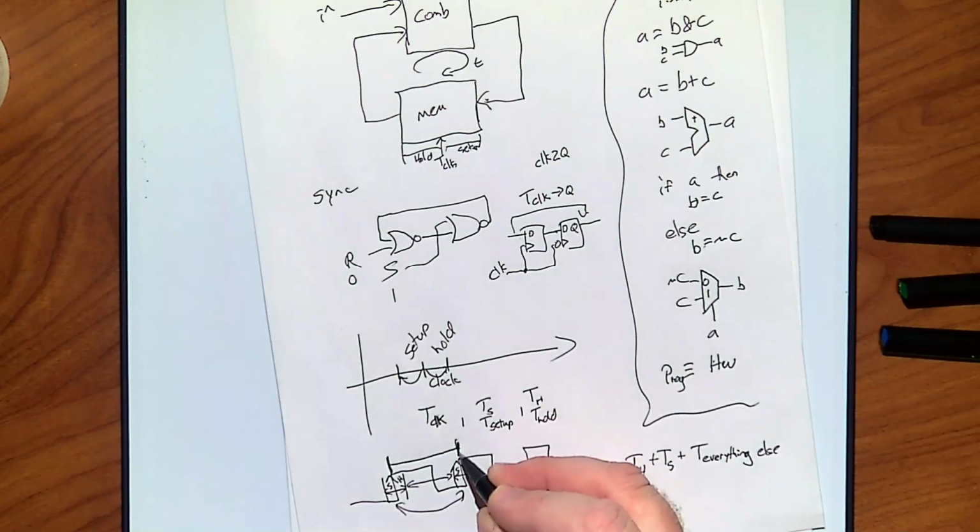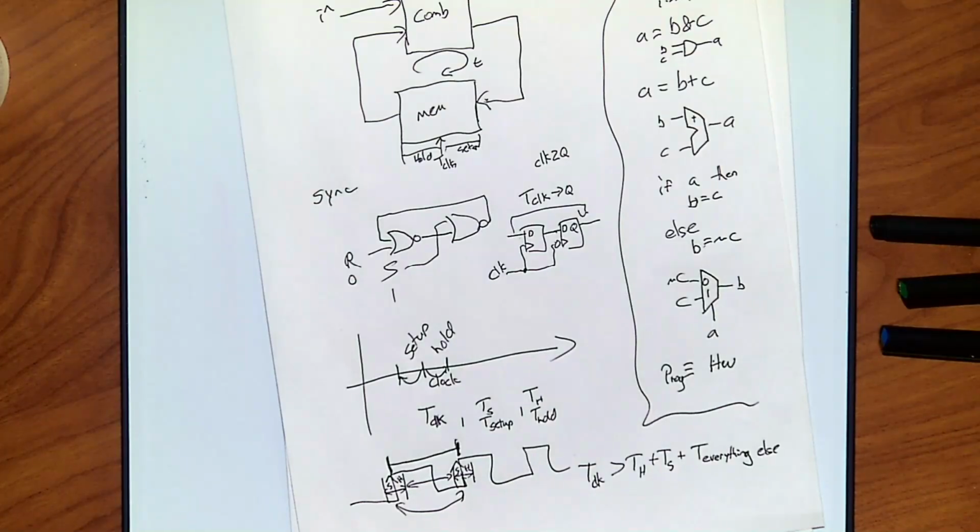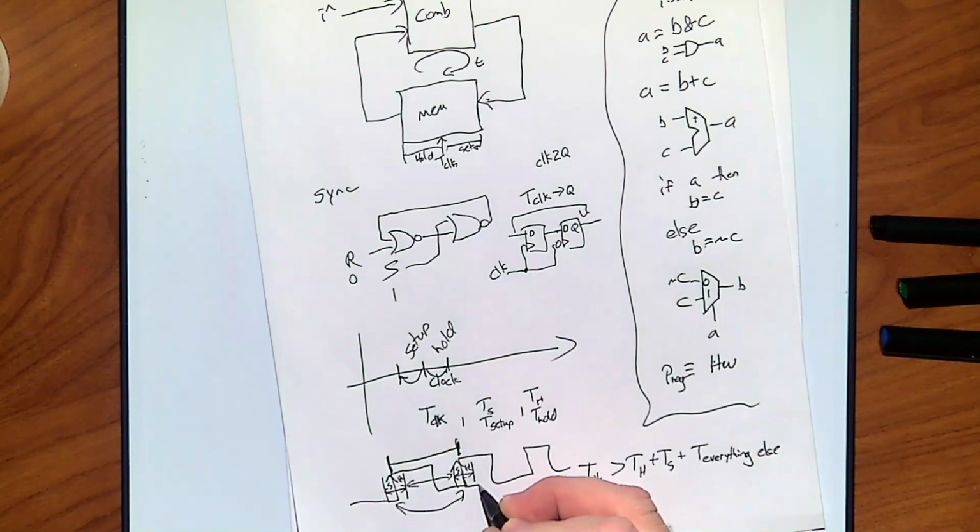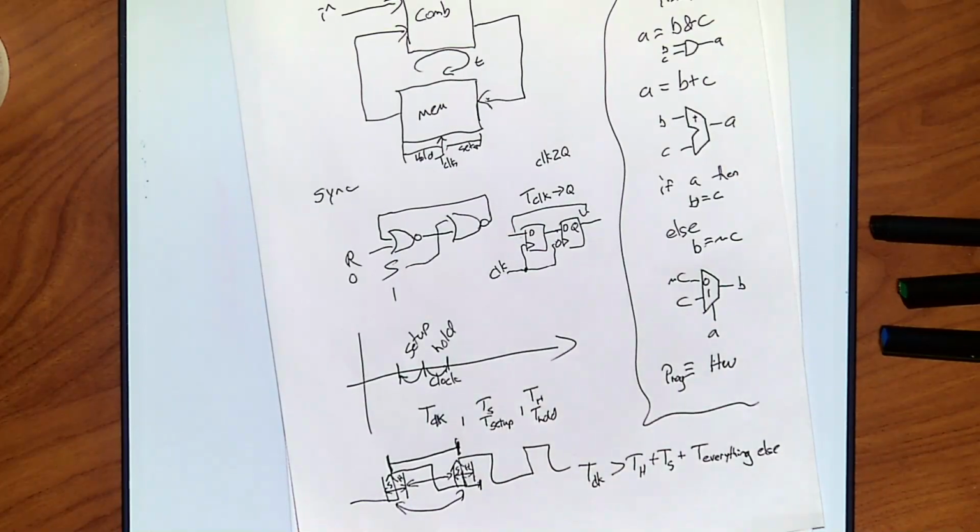But since we're measuring it from when the clock hit, it overlaps hold. The hold means how long do you have to keep it till it's stable. Clock to Q tells you when the data is first available. So usually clock to Q is a little bit longer than T hold.